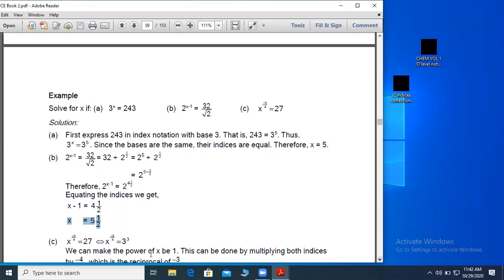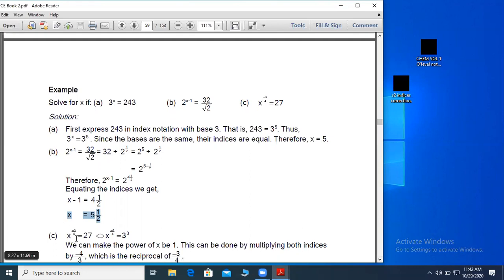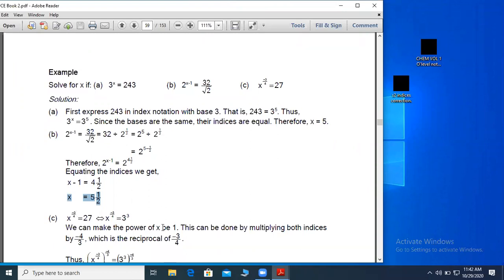Now x to the power negative 3 out of 4 equal to 27. It means x to the power negative 3 over 4 is equal to 3 to the power 3. We can make the power of x to be 1.